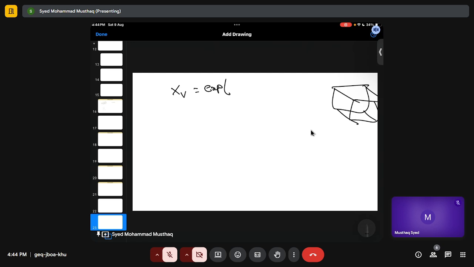What is the relation? How do you find the number of vacancies inside this copper block at any given temperature? The relation is given as this: exponential of minus delta G upon kBT. Delta G is for formation of a vacancy.